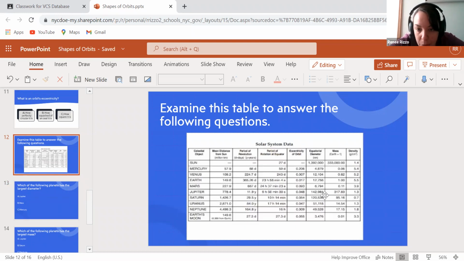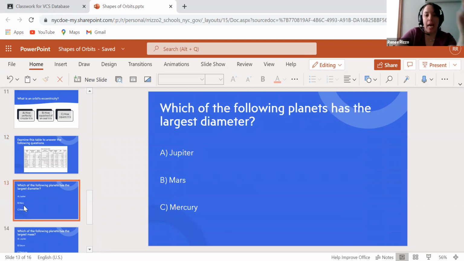Mars has a diameter of 6,794, and Mercury has a diameter of 4,879. So even if your students don't know what diameter means, they can see that Jupiter has the largest value for this particular category. So the answer here would be A, Jupiter.